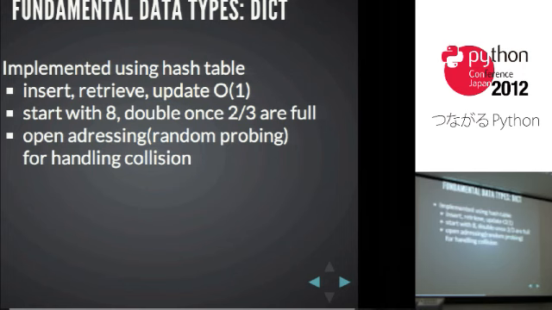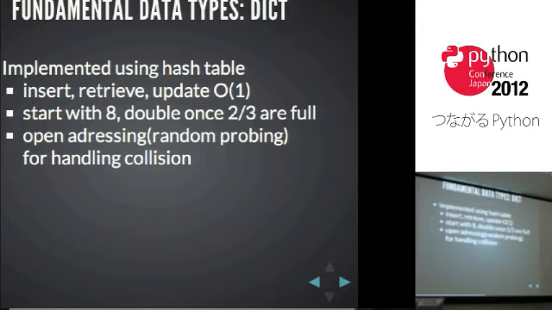To handle collisions, it uses a technique called open addressing. In implementing a hash table, you have two mechanisms for handling collisions.